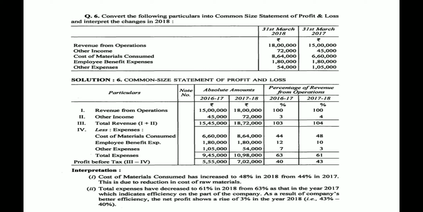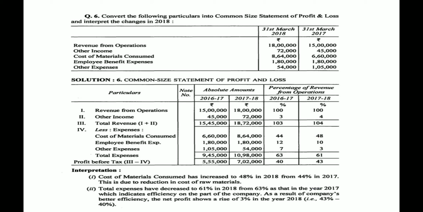So cost of material consumed has increased to 48% in 2018 from 44% in 2017, right? You can see cost of material consumed. Here it is given. In previous year it is 44 and in current year it is 48.